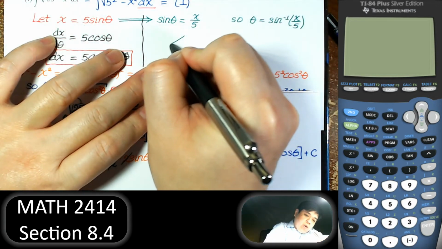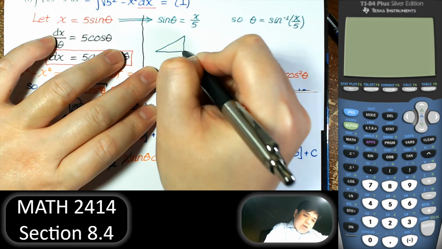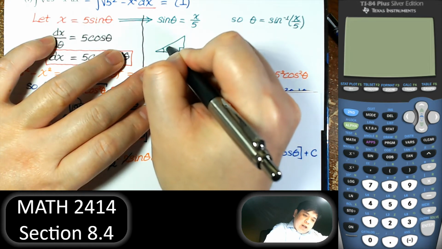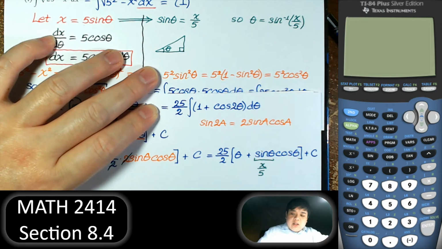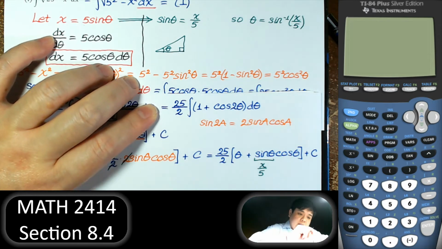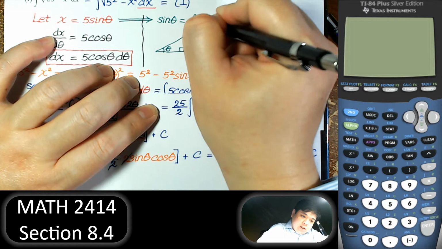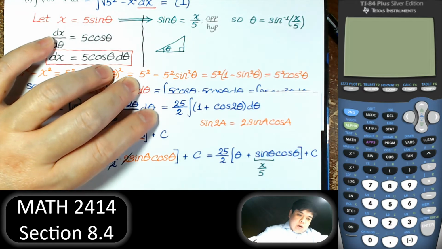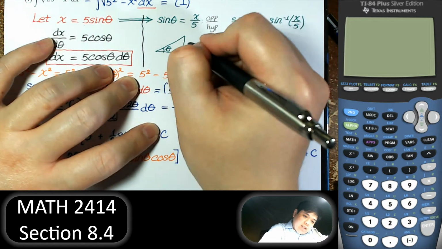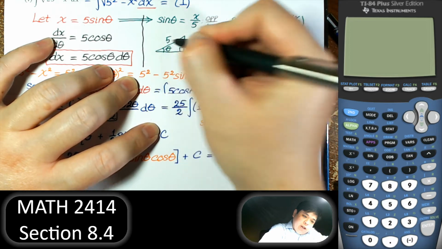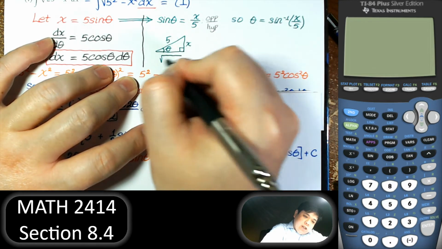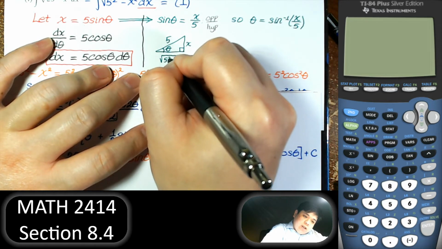That requires a right triangle with angle theta. Sine is opposite over hypotenuse. So the opposite is x, the hypotenuse is 5, and the adjacent side will be the square root of 5 squared minus x squared.